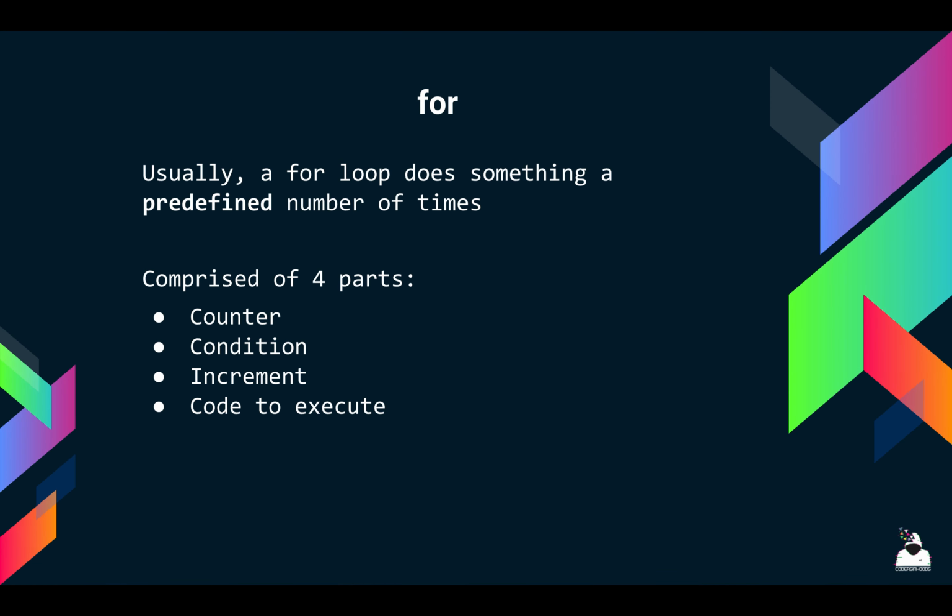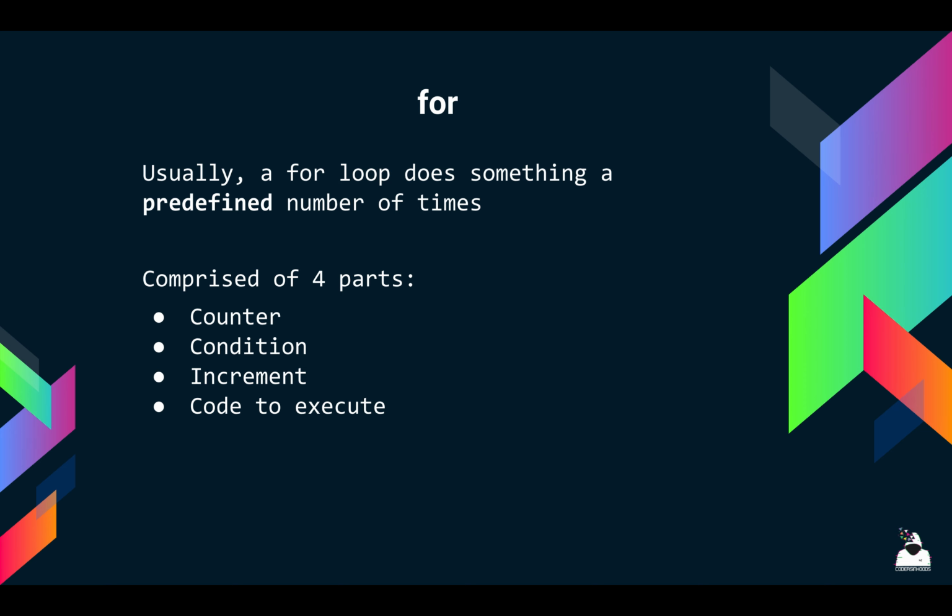A for loop is like the de facto loop. If someone asked you to write a loop in any language, you can probably assume that language supports for loops, and you write it in probably the same way in any language. It's kind of loops 101. It's definitely the first loop that you want to learn.